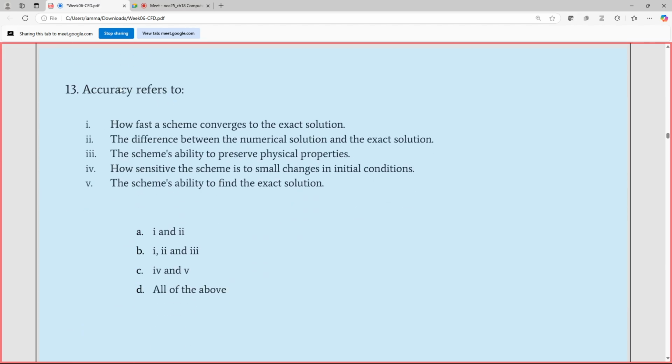Next question. What does accuracy refer to among the following? Condition 1, how fast a scheme converges to the exact solution. Second condition, the difference between the numerical solution and exact solution. Third condition, the scheme's ability to preserve physical properties.